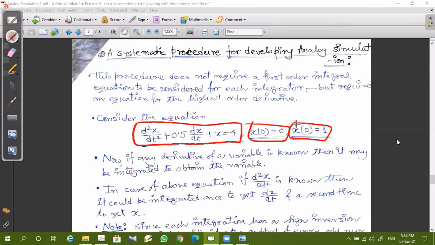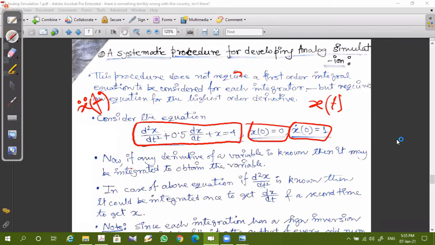So far what we have discussed is that to obtain the value of x(t), what you need is only the information on x double dot(t), because you can always integrate this twice to get x(t).